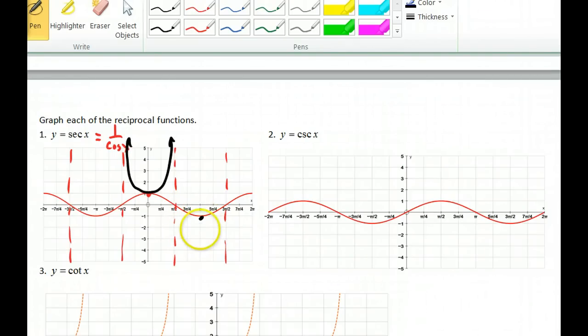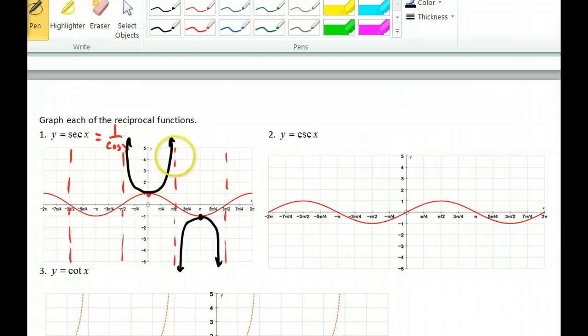If I take the reciprocal of -1, the y value here on the cosine is -1, so then reciprocal, that's still -1. And same kind of thing here is that as I get closer to 0, if I take the reciprocal of a very, very small number, I'm going to get a very big number. In this case, all of these values are negative, so I'm going to be going down towards these asymptotes.